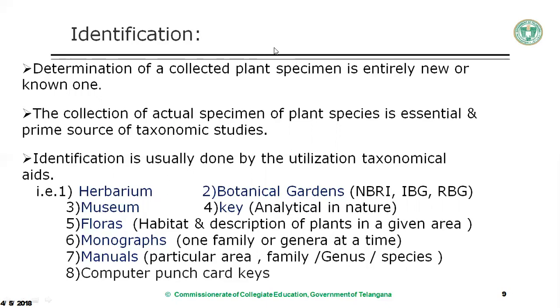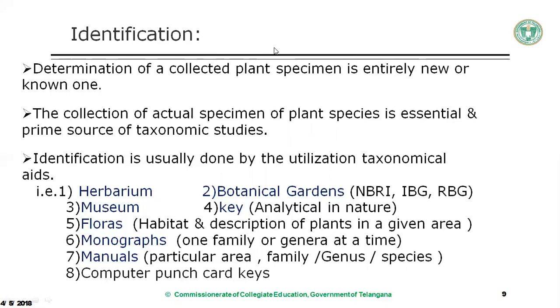Herbarium is a storehouse that houses a collection of preserved plant species. Plant specimens are preserved in the form of herbarium sheets, which are prepared by drying, pressing, and preserving the samples on dried sheets of paper. The sheets are then arranged in their order of classification in the taxonomic hierarchy.